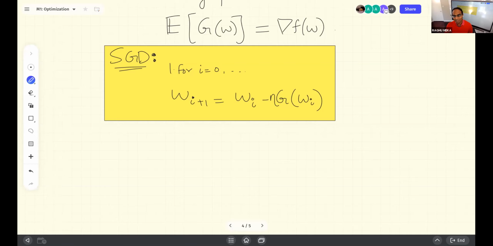Right? So if the only thing I told you was that the expectation was the gradient, but what else can I do? What else do I need to know to get a good sense of whether this works? Any suggestions? There are different kinds of qualities of estimators, right?